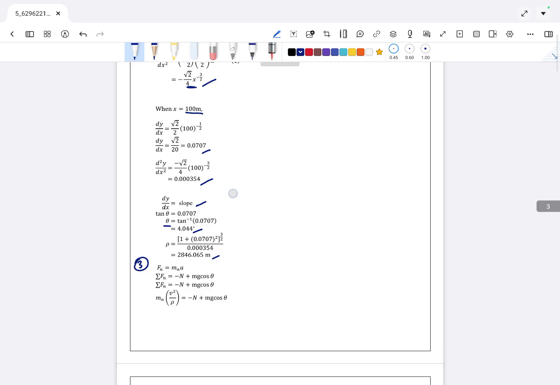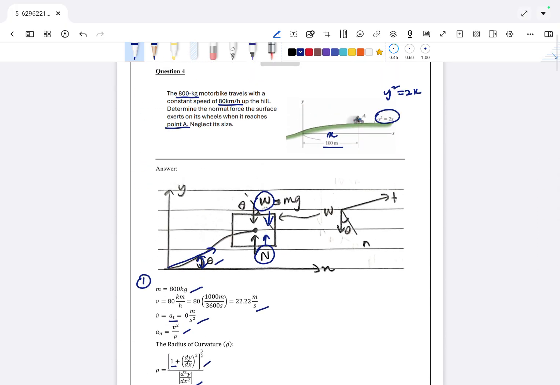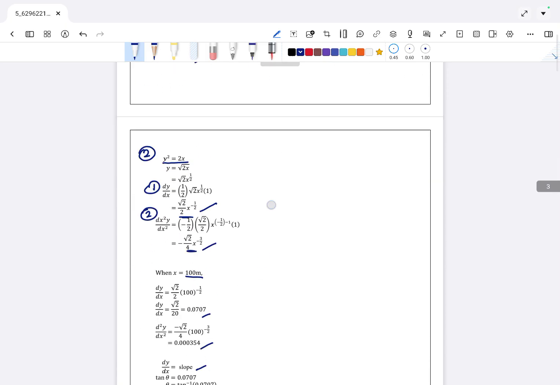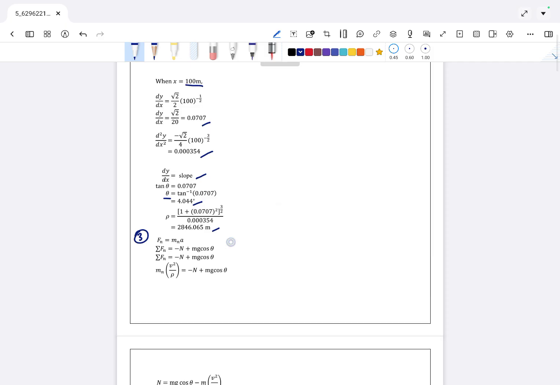For the third step, we need to find the normal force. To find the normal force here, we know that N is going upward and this weight is going downward. So the sum of forces will be negative N, since it's going upward, plus mg cos theta.